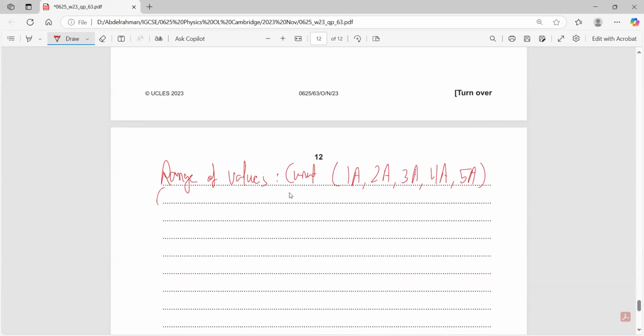So the controlled variables: the constant distance between the lamp and the light meter.